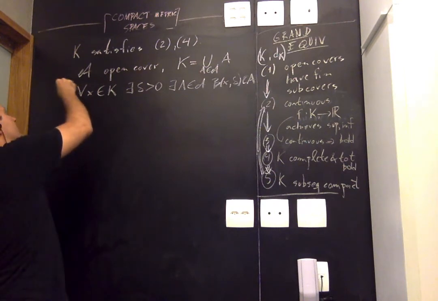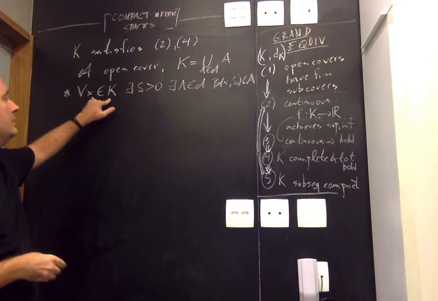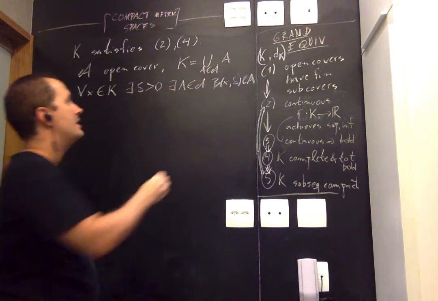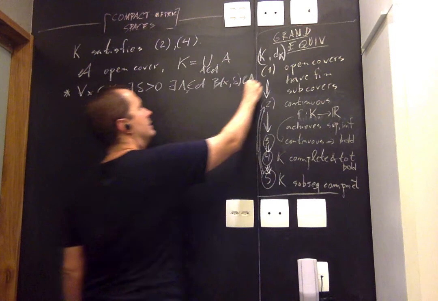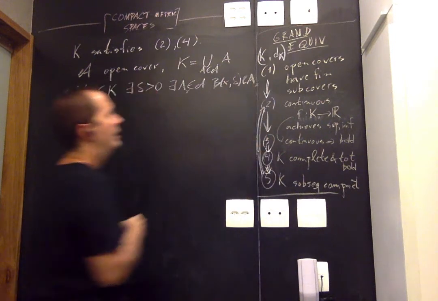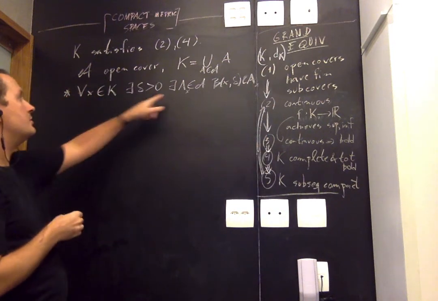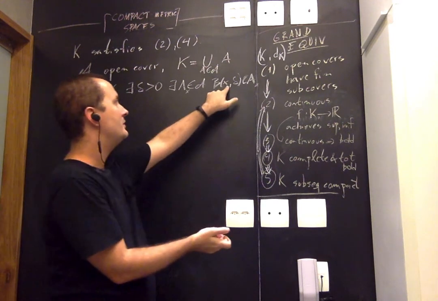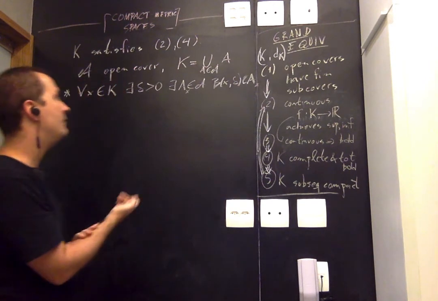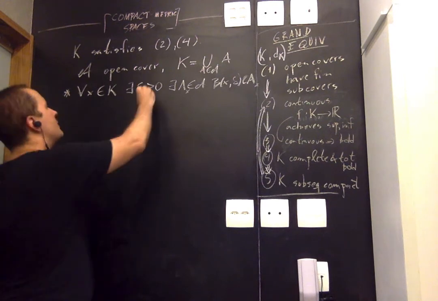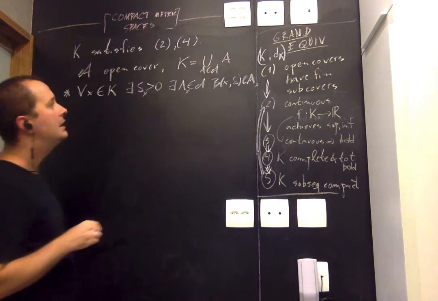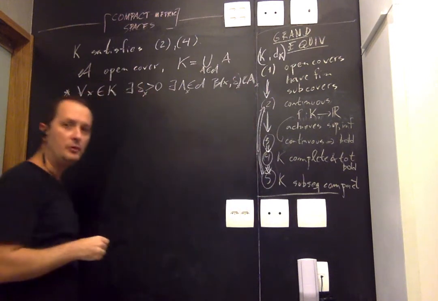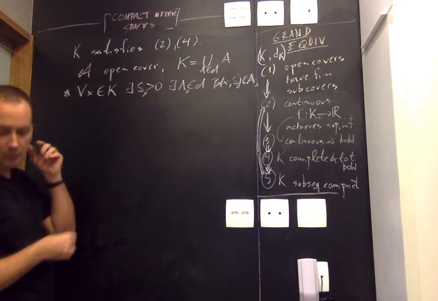Why is this simple? Okay, take an element of K. It's contained in one of the sets A. Say that set is A sub x. Right? So if x belongs to A sub x and A sub x is open, there's some open bubble around x that's contained in A. And that's how you find the delta corresponding to x. Basically, the main thing we're going to do in the proof is to invert the quantifiers here.